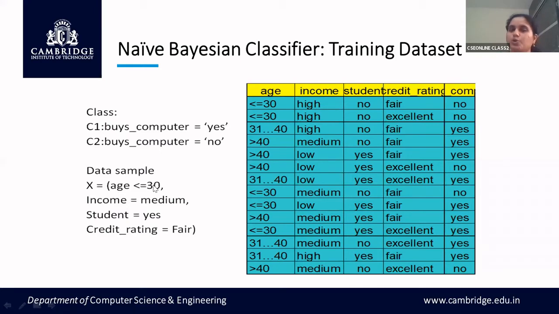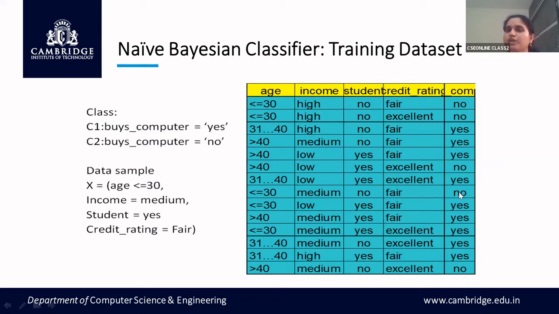So there is no need for me to take these two values, that is between 31 to 40 and greater than 40. I'll compare age less than or equal to 30 with your class label. So what is the probability of age less than or equal to 30 with no, and age less than or equal to 30 with yes?